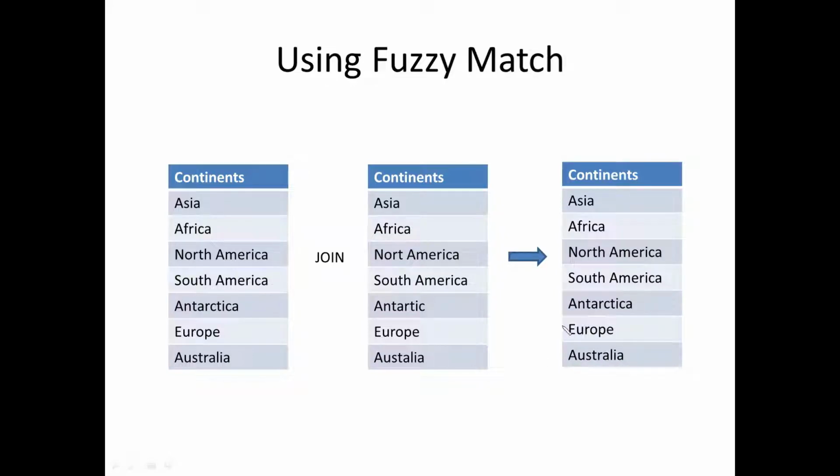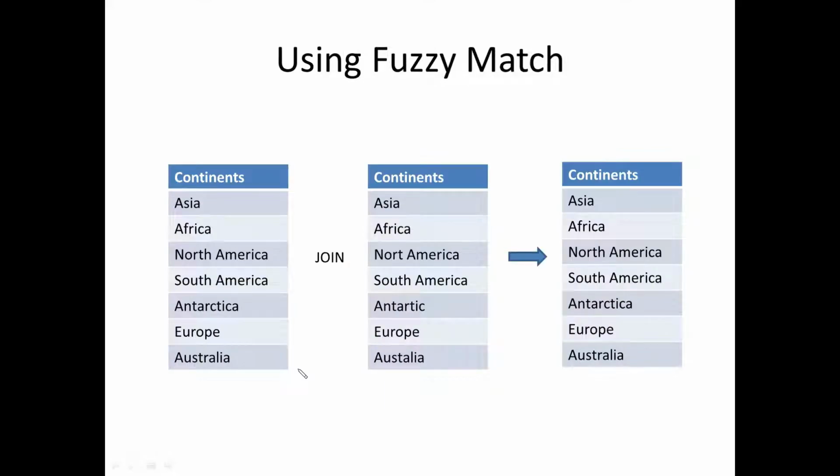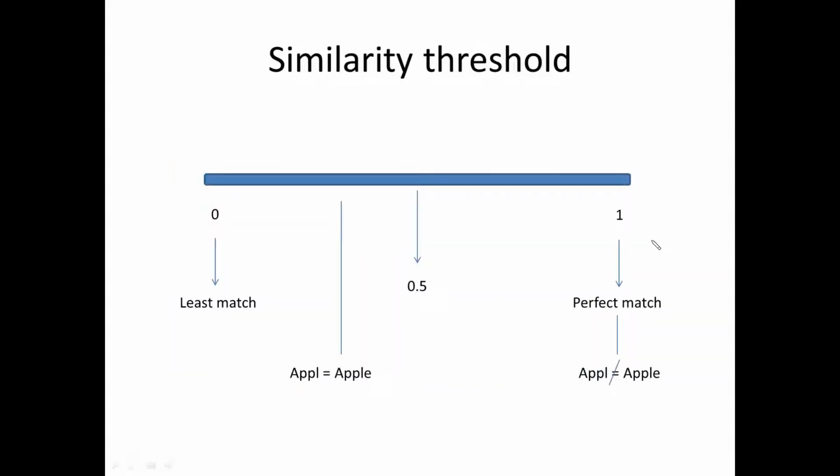If you give less than 1, maybe 0.5, you will get this value. The perfect match will decrease and decrease, and it will come to the least match. Usually if you give around 0.6 or 0.4, most of the things will be matching here.